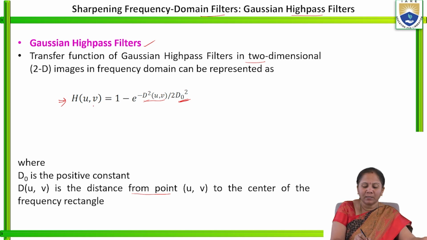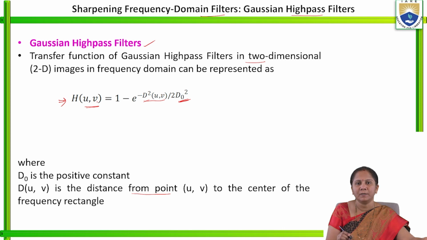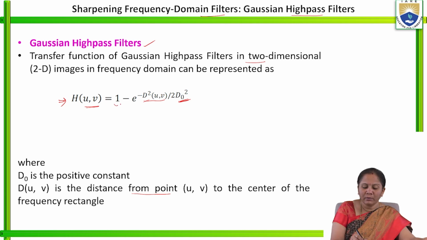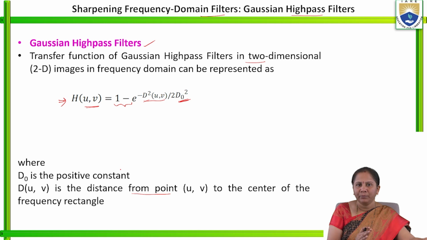If we compare the filter transfer function of the Gaussian high pass filter with the Gaussian low pass filter, it will be similar, but here we will have 1 minus. In the Gaussian low pass filter, we will not have this 1 minus. We will have only e power minus D square of u comma v by 2 D naught square. As we have seen, the high pass filter transfer function can be represented in terms of the low pass filter transfer function.